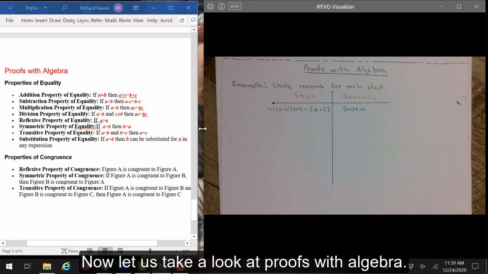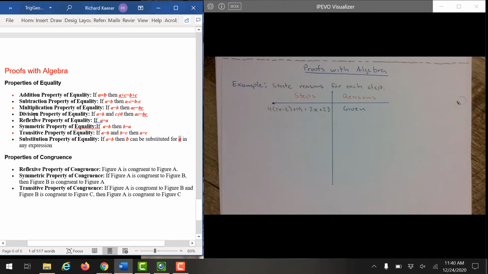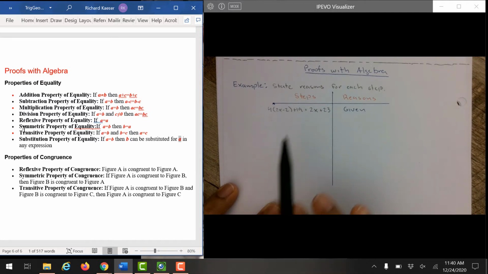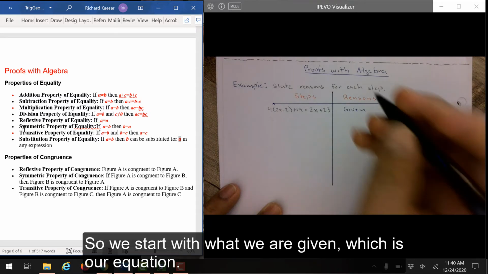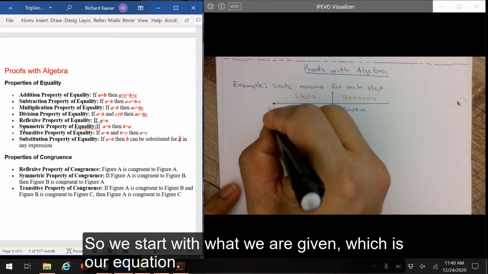Now let us take a look at proofs with algebra. Some helpful terminology is written on the left. Basically, when doing this, we want to justify all steps that are done. So we start with what we are given, which is our equation.